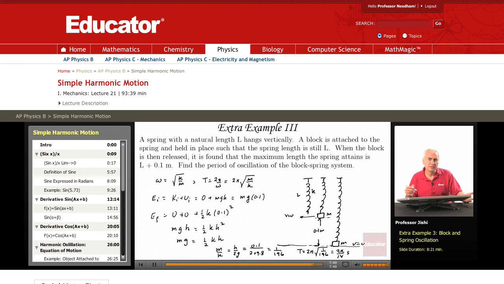Again, 2 pi is 6.28 over 14. So this is about 0.45 seconds, approximately. So this is the period of oscillation of the block spring system.